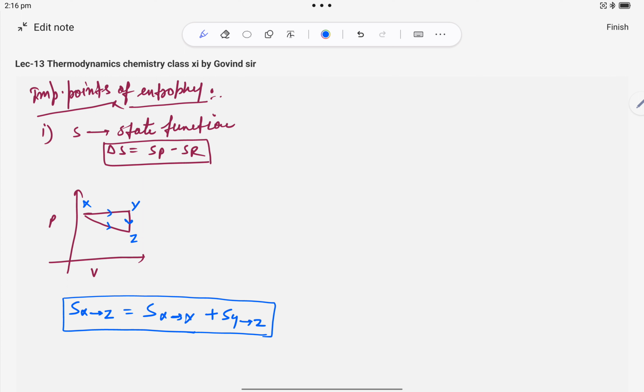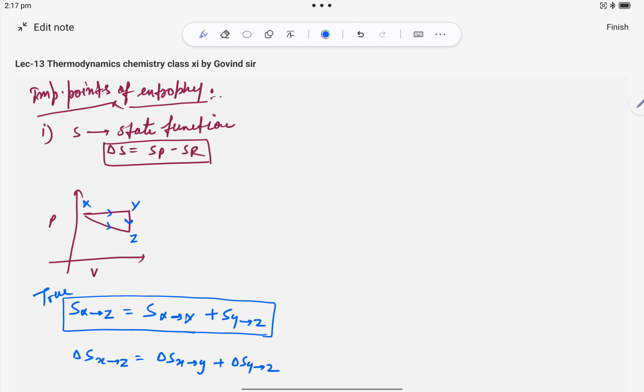So from here, check it, children. Delta S, change in entropy for x to z, is equal to change in entropy delta S x to y plus delta S y to z. So this statement is true. X to z, it's a cyclic process.